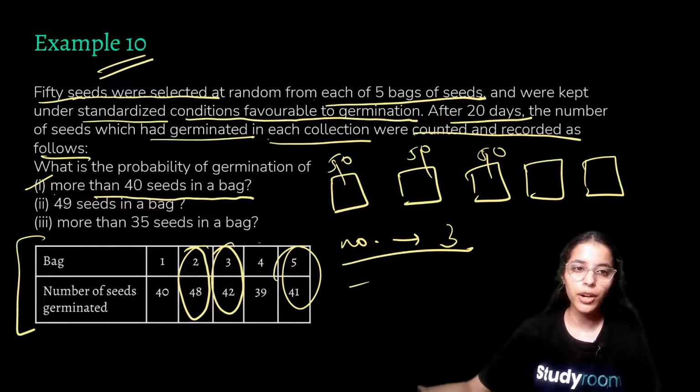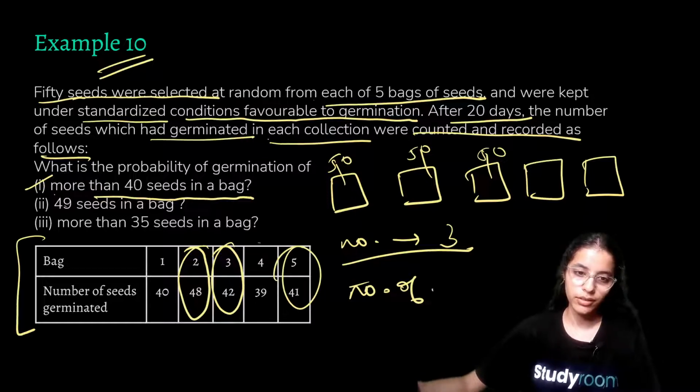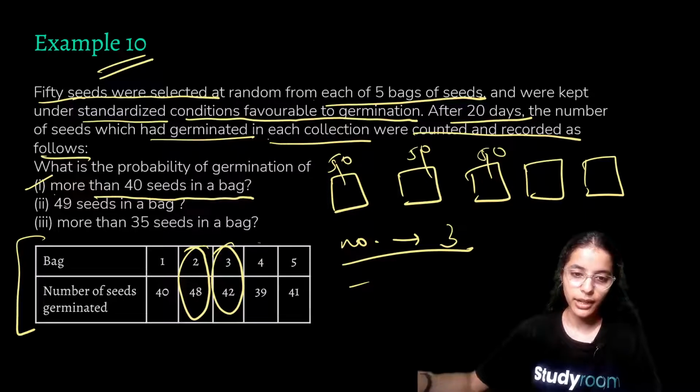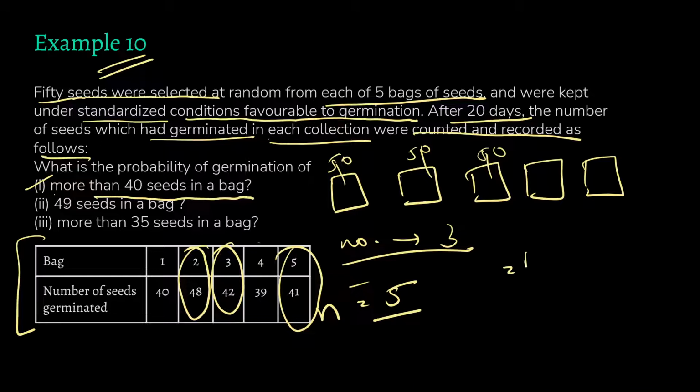The favorable number of outcomes are 3, and the total number of trials would be 5, so our n is 5. So the probability of more than 40 seeds is 3 by 5, which is 0.6, right?